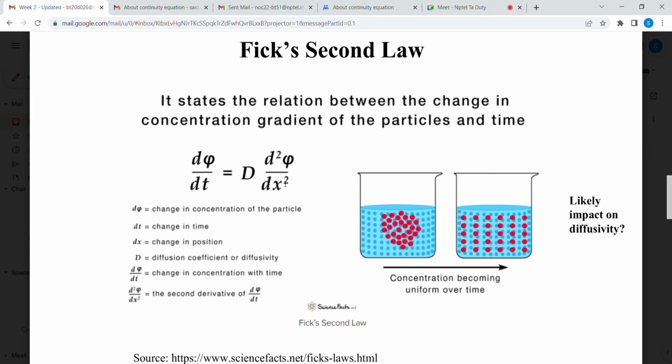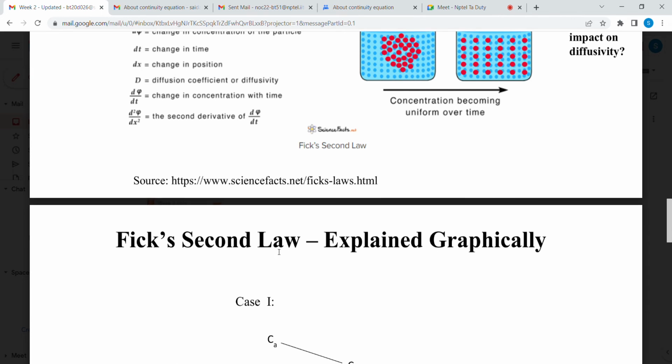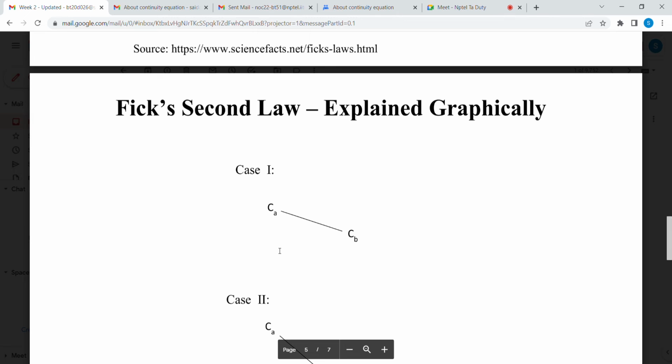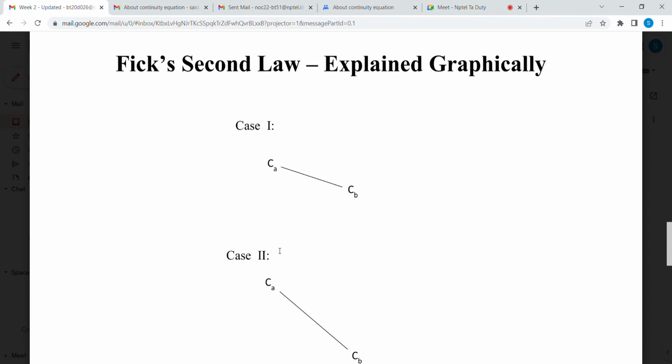Now, what does this mean? So this looks complicated, right? This looks complicated to wrap your head around. Let me explain it to you graphically.